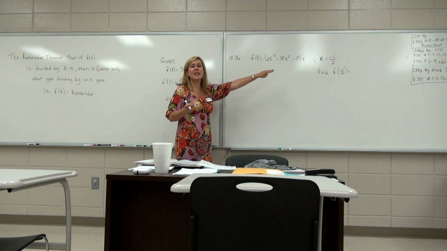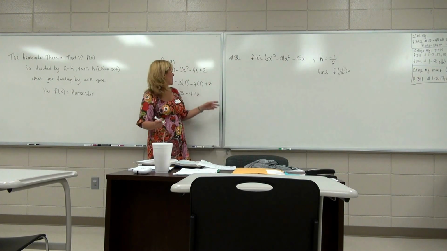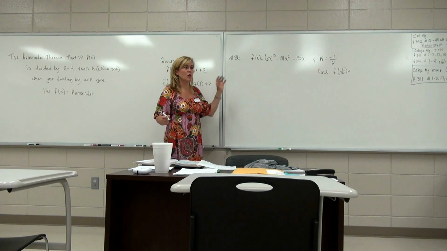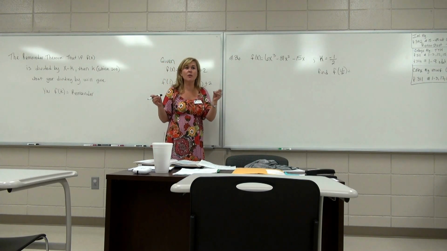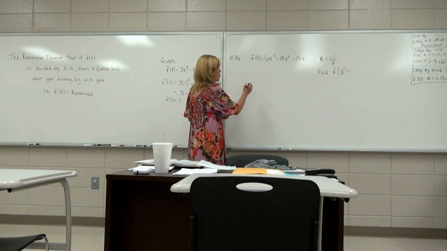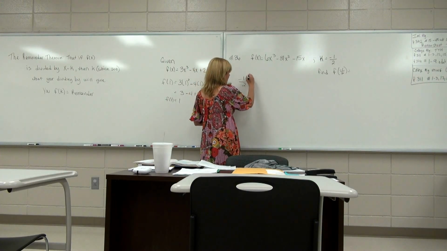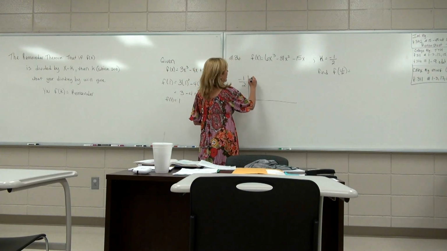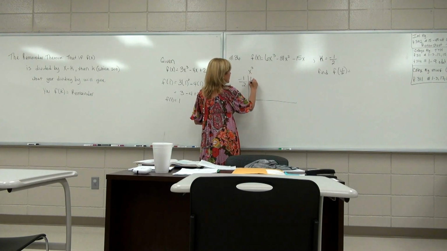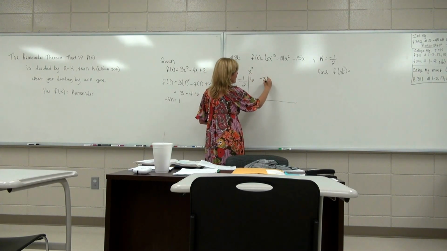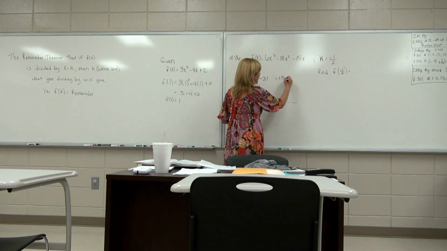Now notice here, you're given k. It's not written as a factor like those other ones were. You're given k. K is the 0. That's what you're given. So you're going to do synthetic division with that negative 1/2. You've got your x cubed, which is a 6. X squared is negative 31. Negative 15.